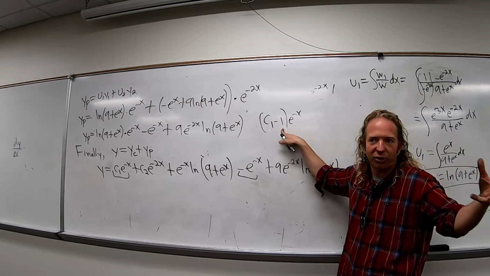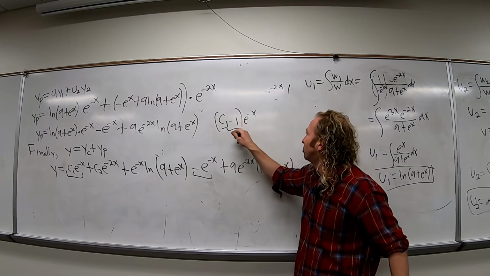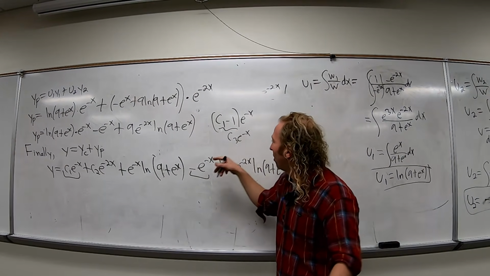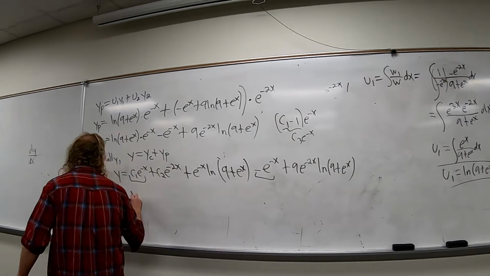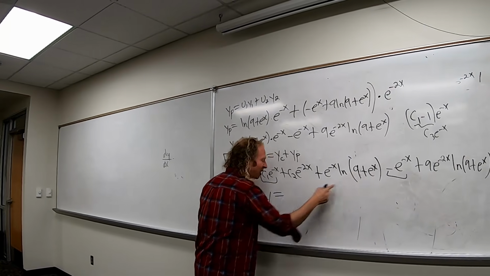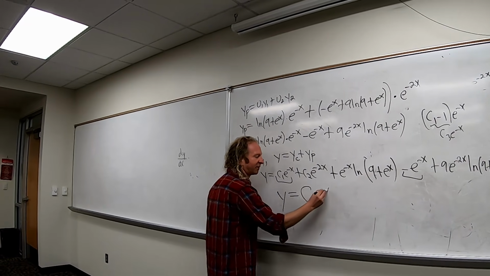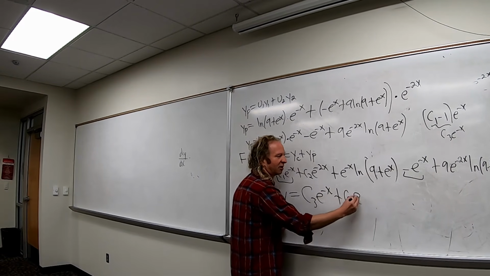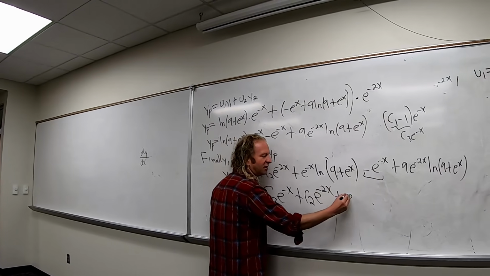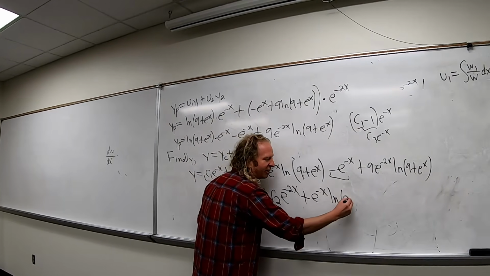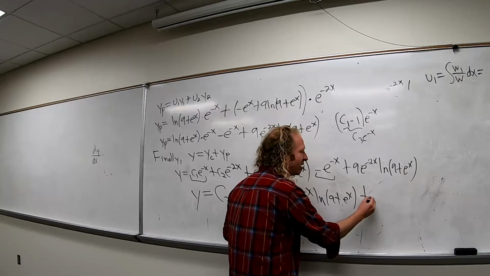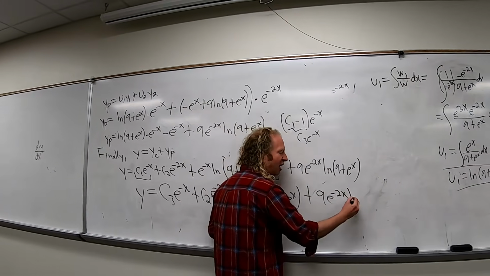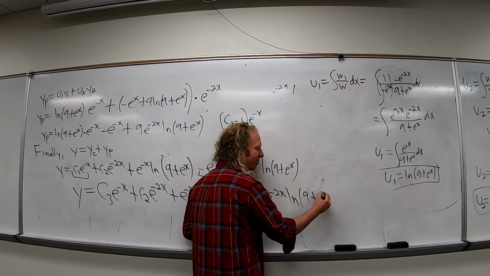You subtract 1, you still don't know what it is. So just call it c3. So combine these and call it c3. e to the negative x, ln 9 plus e to the x, plus 9 e to the negative 2x, ln 9 plus e to the x.